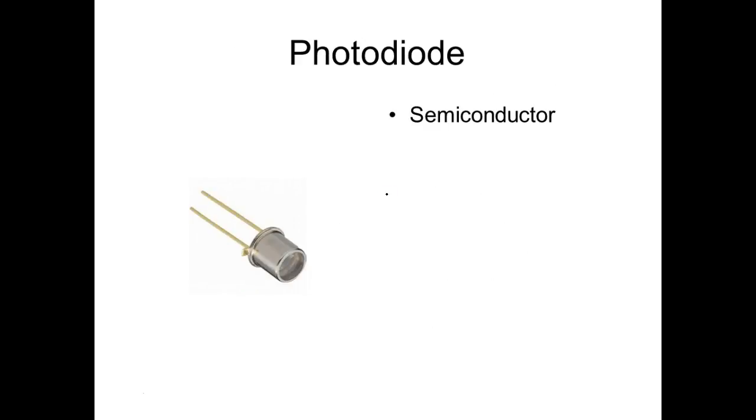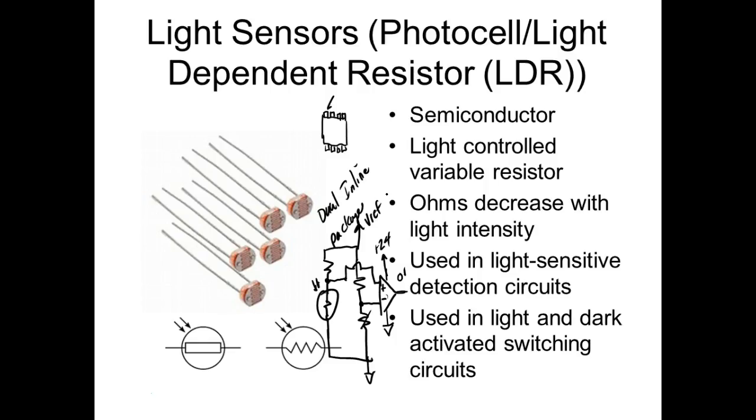This is a photodiode. Now the problem with the photoresistor, and we've got these guys too. I'm sorry, my little package is not in my thing. I grabbed that thing up and it's supposed to have all my sensors in there. But the problem with the photoresistor is it's got a slow response time to light, so it's not instantaneous.